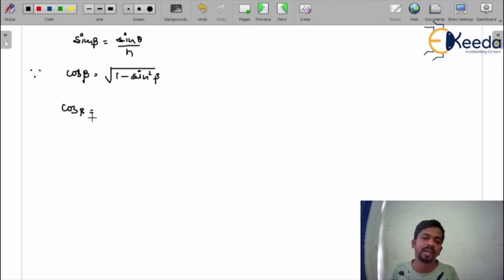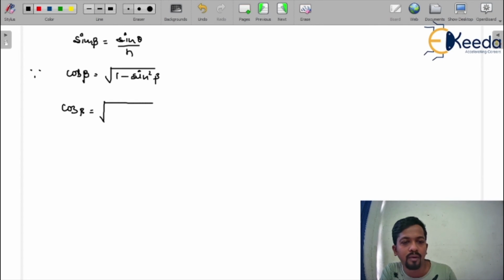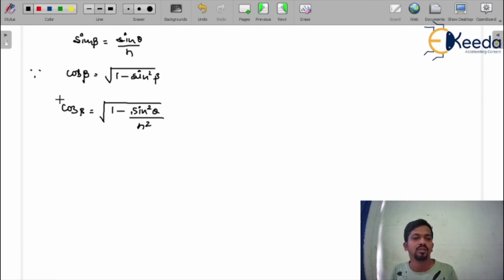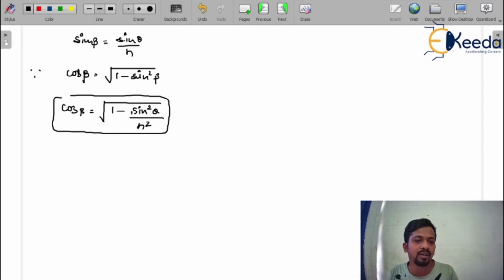This would be helpful when we calculate the piston motion, velocity and acceleration of the connecting rod, that will be required there. So this would be under root of 1 minus sin square theta upon n square. Okay, so this is the relation. You must understand how we have calculated the cos beta value.